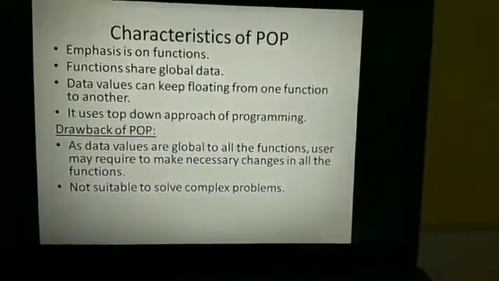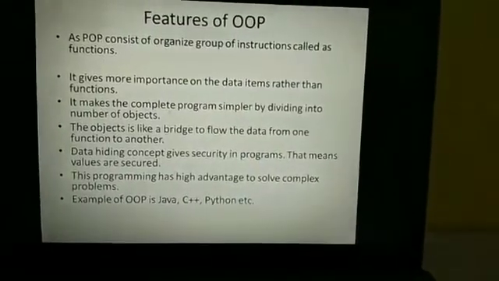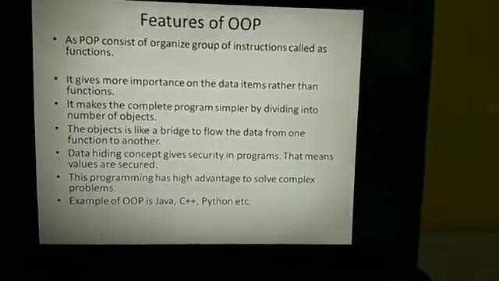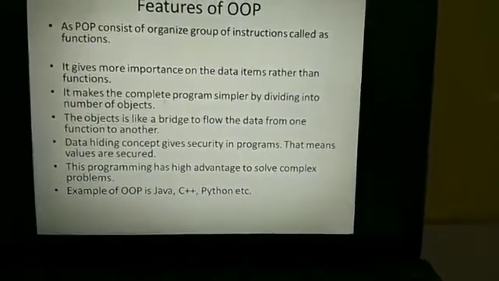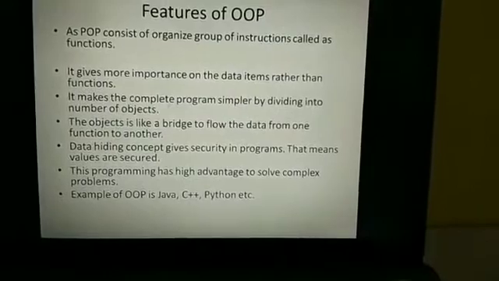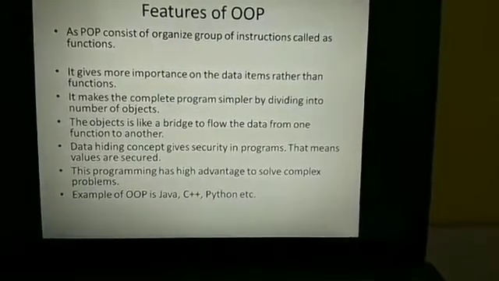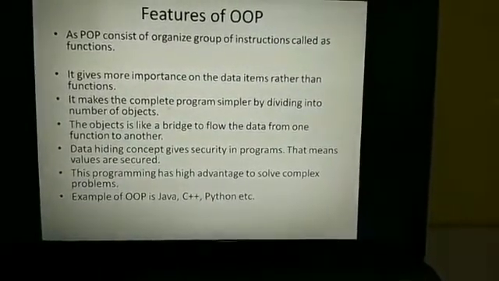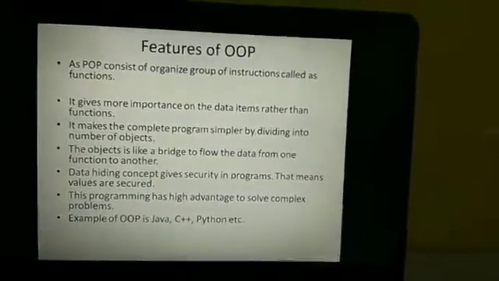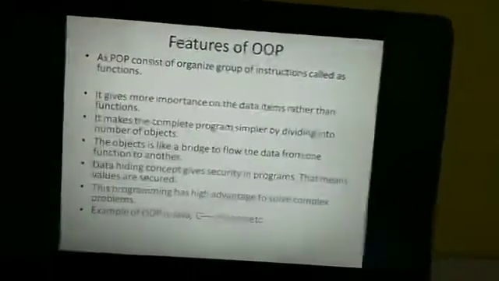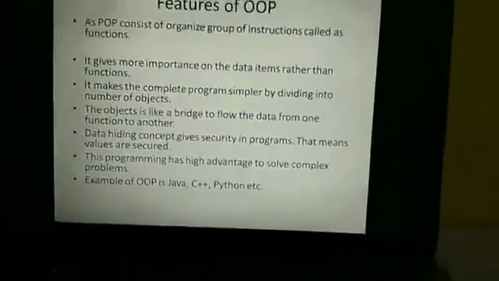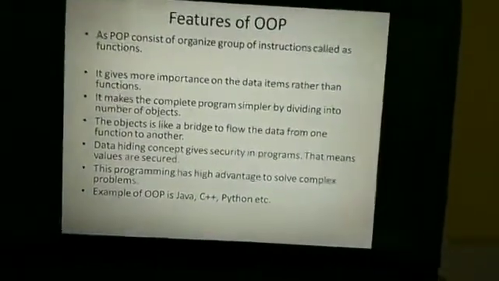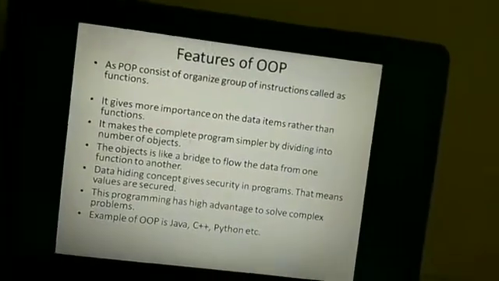After that OOP came into being. In OOP, what happens over here? You are using more and more data values rather than functions. As we are using objects, the program becomes much simpler, and objects are like a bridge to flow data from one function to another.